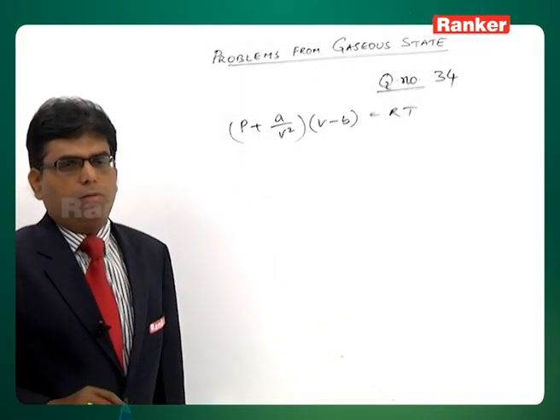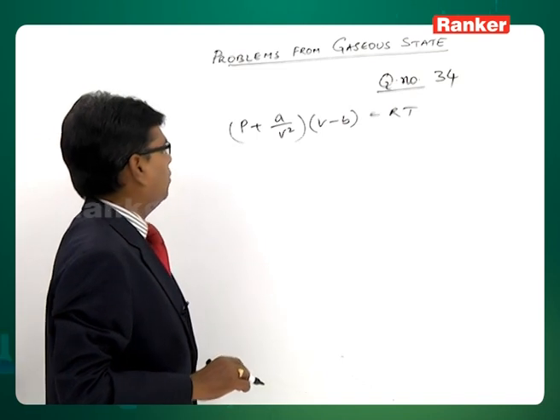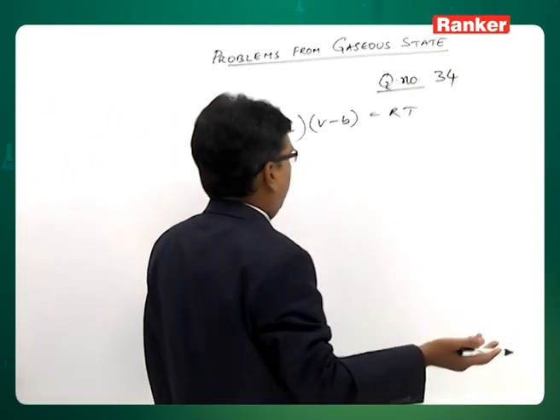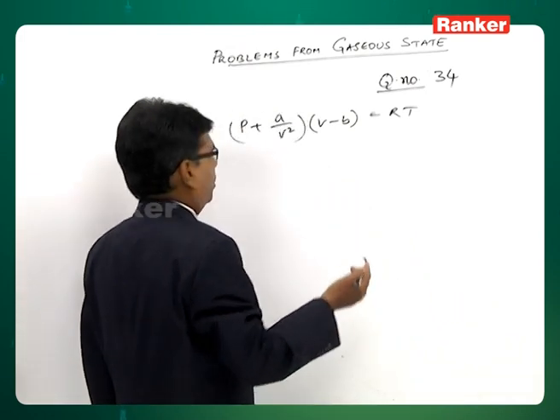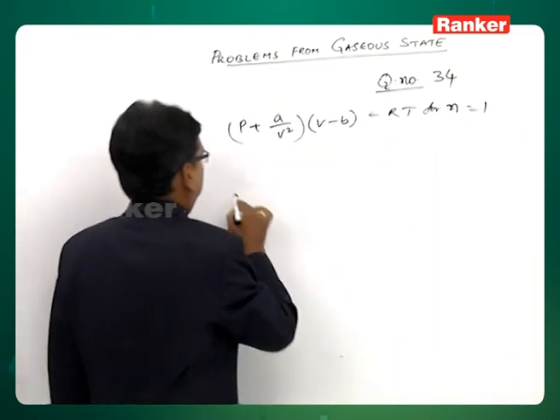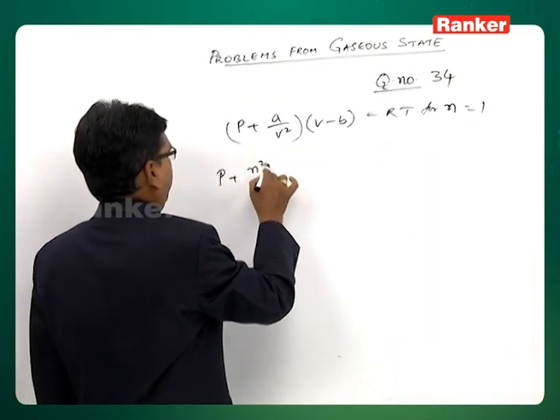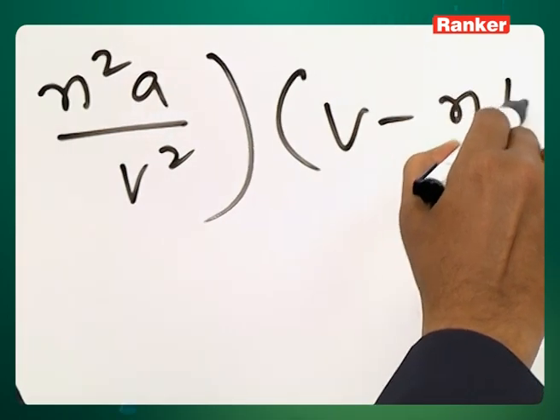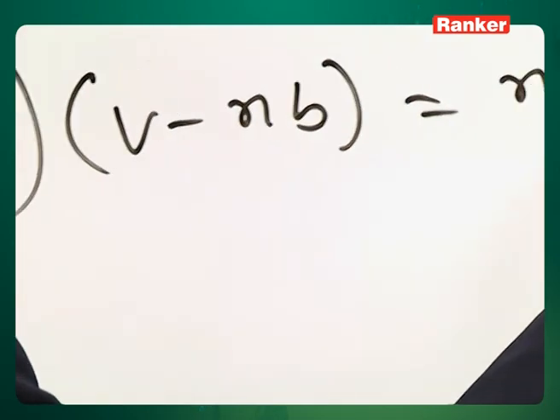Now, this is for n equal to 1. But for a gas with more number of moles, it is P plus n square a by V square into V minus nb is equal to nRT.